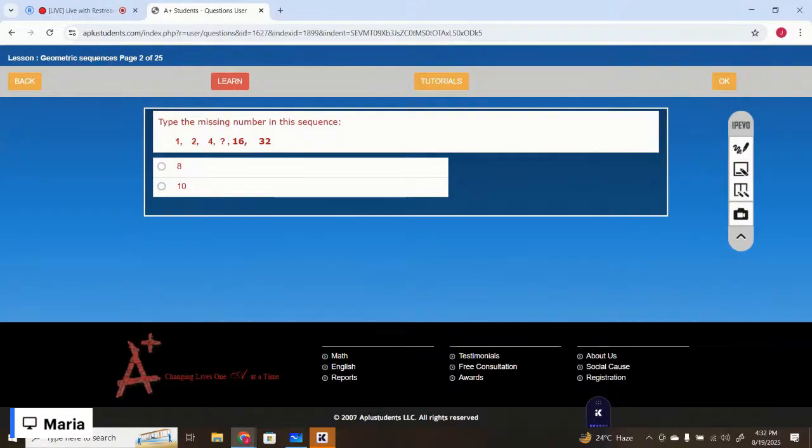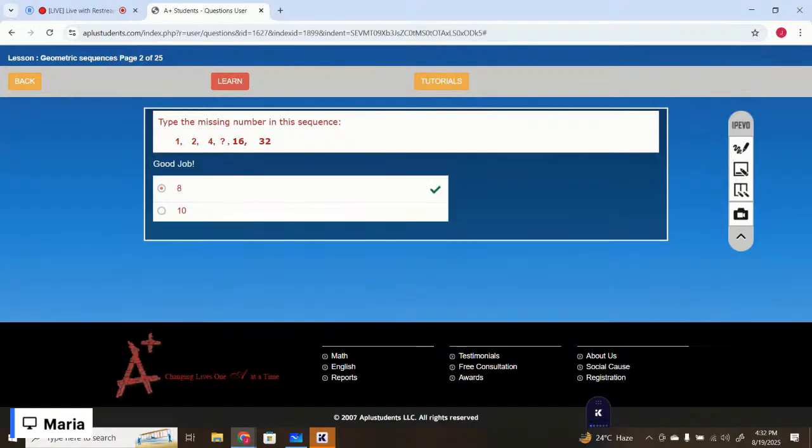Type the missing number in the sequence. 1 times 2 is 2, 2 times 2 is 4. 4 times 2 is 8. Option number 1 is the correct option. 8 it is.